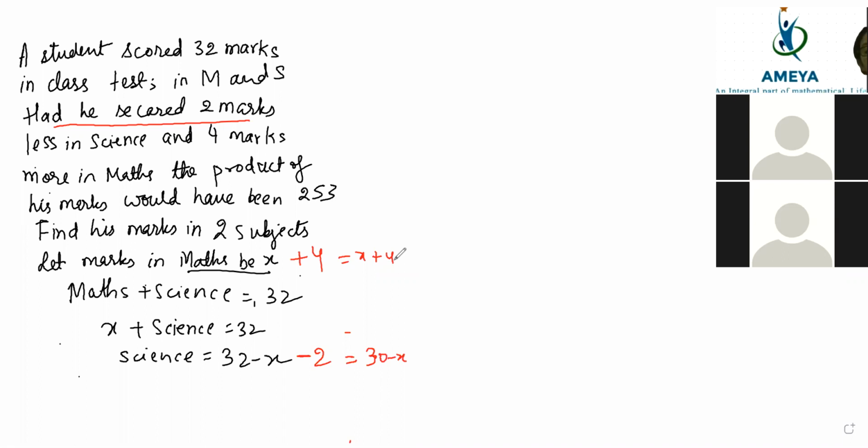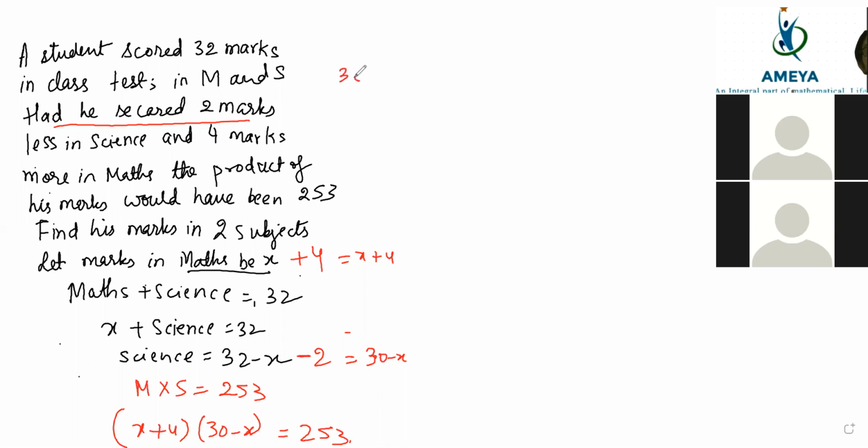So here, product of maths and science, it is told that maths into science is equal to 253. Maths given is x plus 4. Science given is 30 minus x. Now we will be exactly multiplying this and it will be exactly equal to 253.